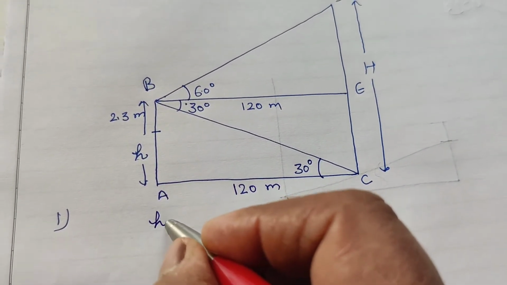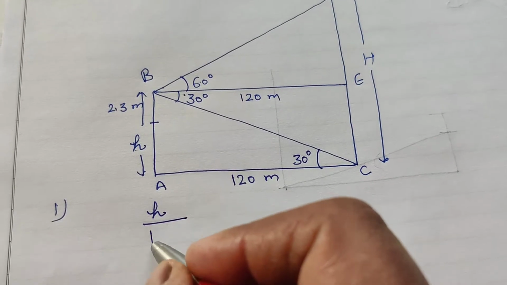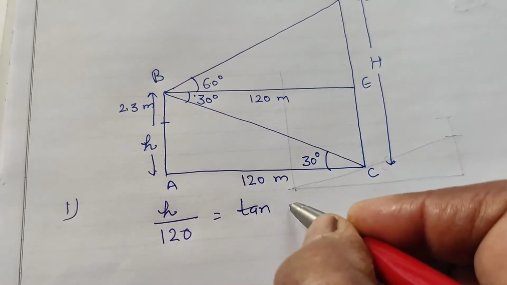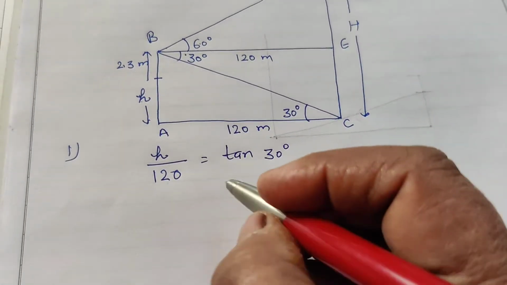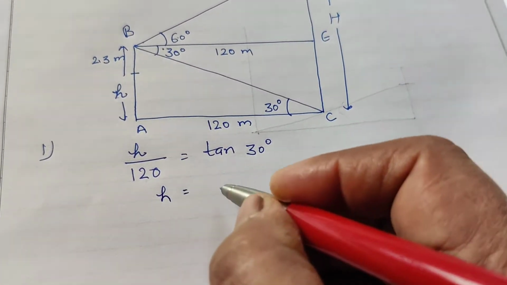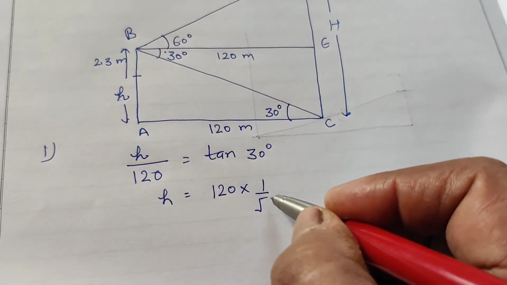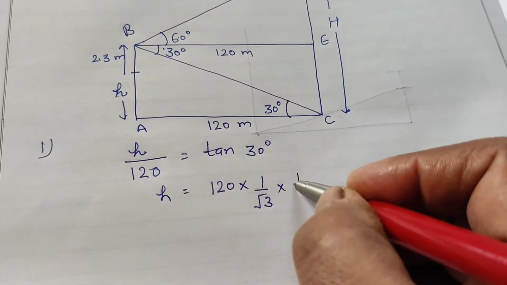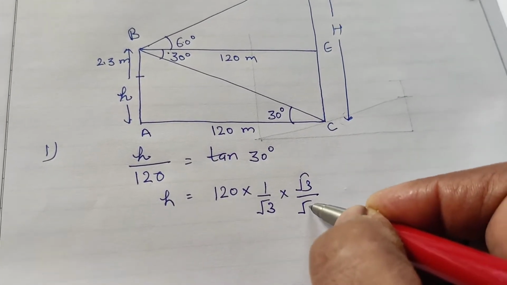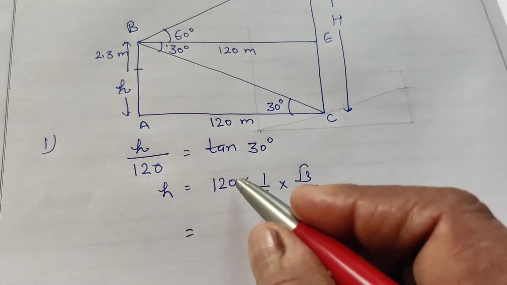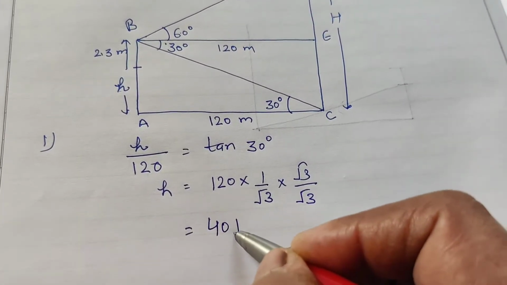Therefore, the total height H is perpendicular by base. We know that perpendicular by base is tan of the angle. tan 30 degrees, H equals 120 into tan 30. tan 30 degrees means 1 by root 3. Now rationalize: root 3 into root 3 means 3, cut, 40 root 3.